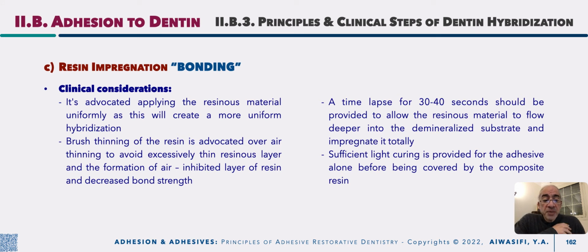It should be thinned enough to allow its flow, but don't air thin this layer. Brush thinning is much better than air, because air may lead to evaporation of some constituents, but not only that.